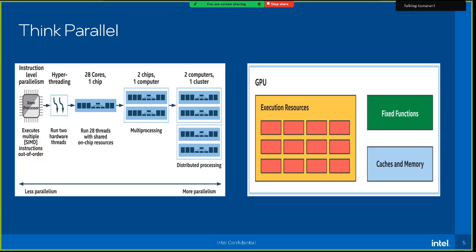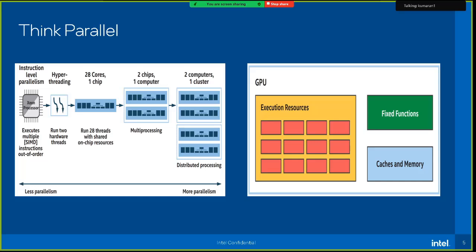So if you look at the CPU, what kind of parallelism is available today? On the left hand side, you see instruction level parallelism. Basically, you try to run multiple instructions at a time, and then SIMD level instructions, which stands for single instruction, multiple data. So you execute one instruction, but you process multiple data. Underlying it is an out of order execution model. Almost all of today's CPU architectures follow this. And then if you slide rightwards, there's a hyper-threading model.